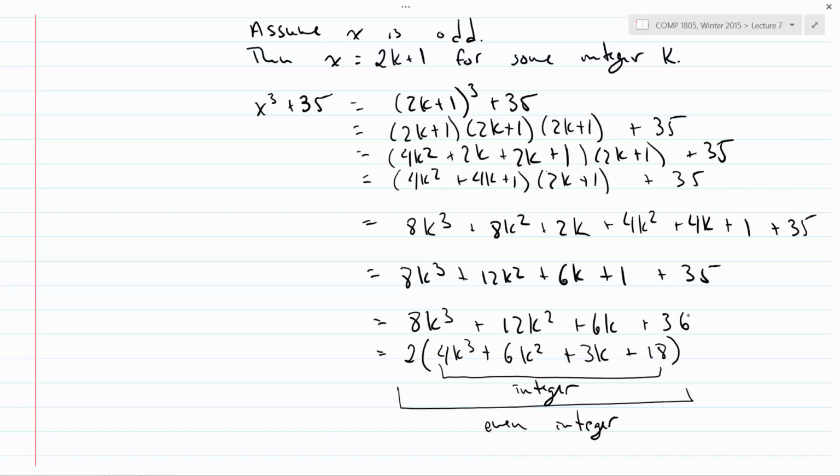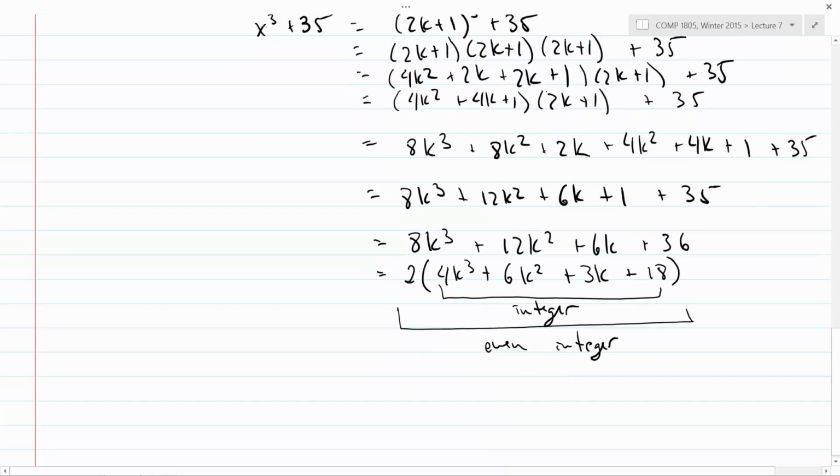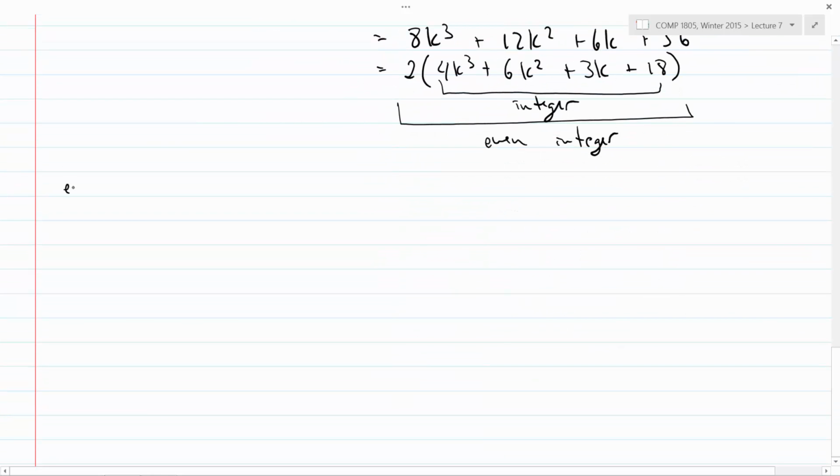All right, so great, we're done. Let's do another example. If x is rational, then 1 over x is rational.